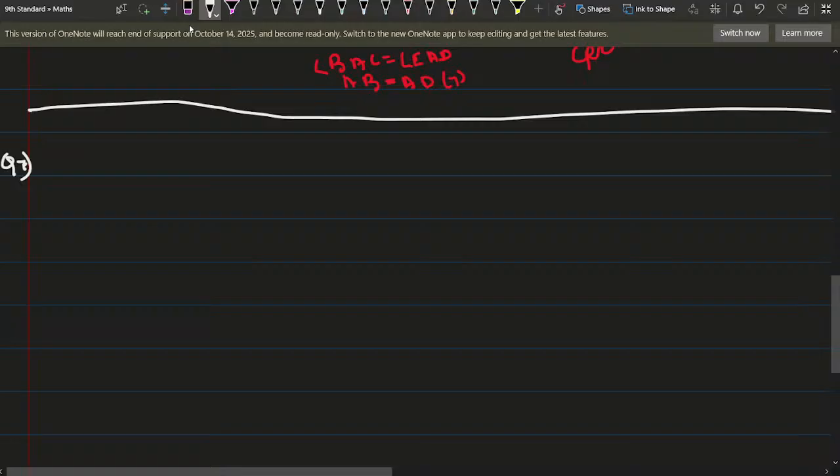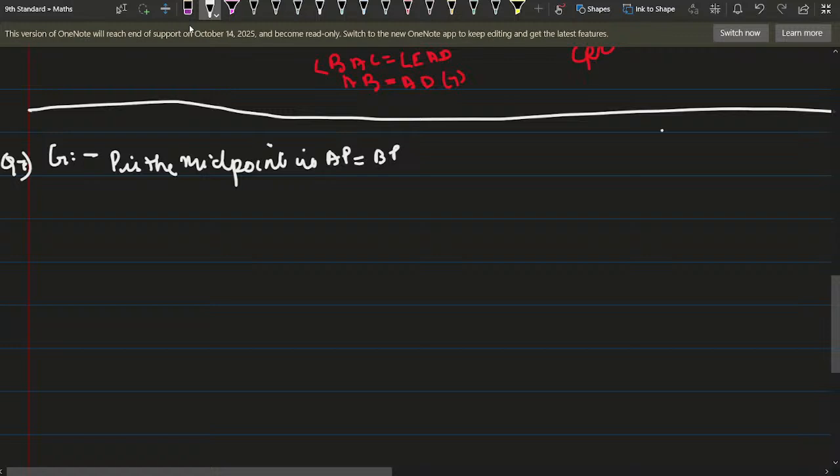D and E are points on the same side of AB such that angle BAD is equal to angle ABE and angle EPA is equal to angle DPB. Given P is the midpoint of AB.